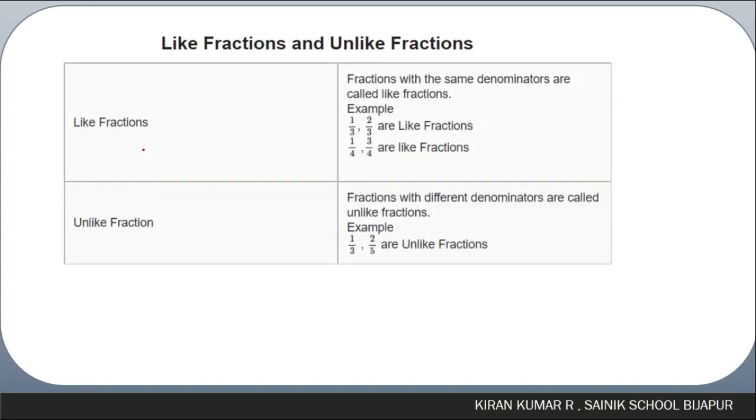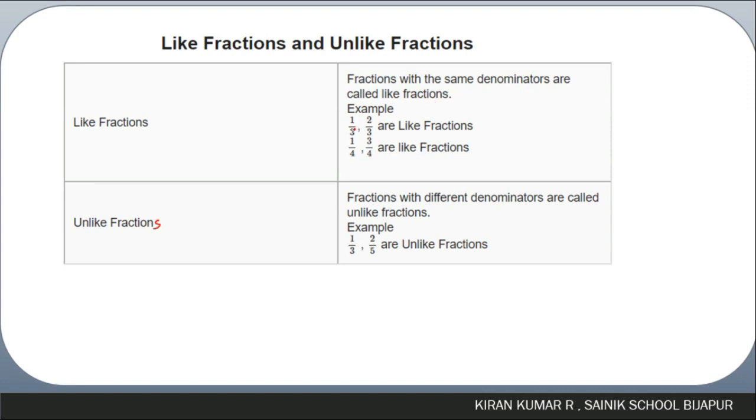Next, we have a beautiful concept called like fractions and unlike fractions. Observe it very carefully. Like fractions and unlike fractions. Fractions with the same denominator are called like fractions.